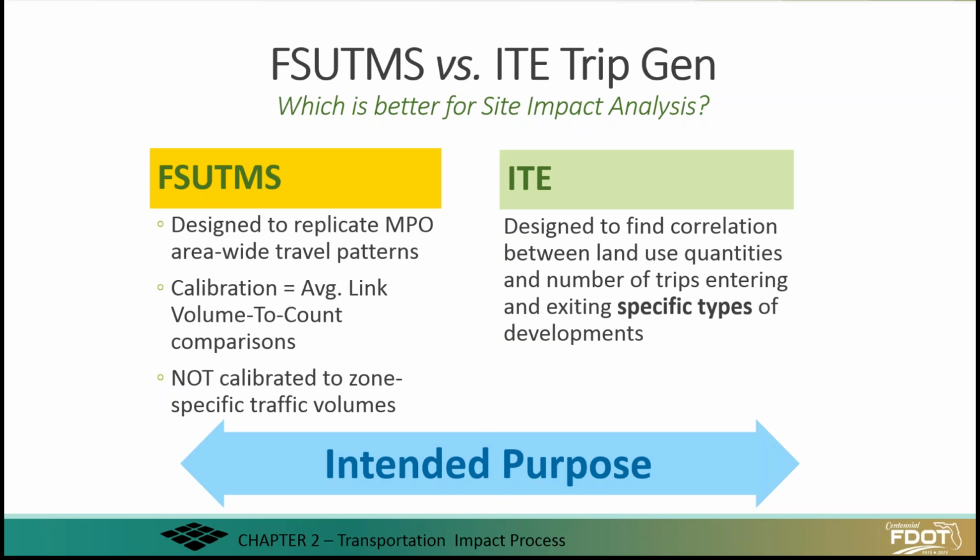It is not calibrated to zone-specific traffic volumes, whereas ITE trip generation practices are set to come up with the exact number of trips that you can expect to be generated by a specific project at a specific location.